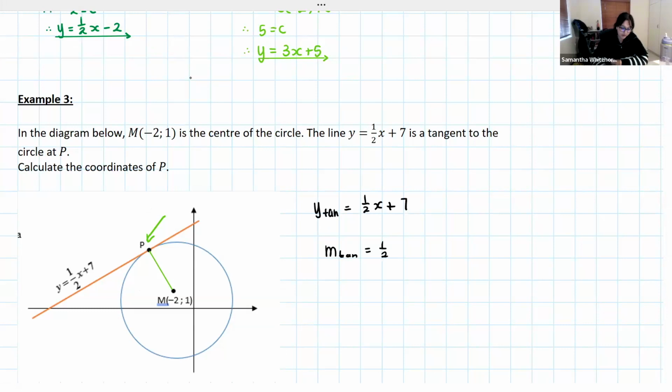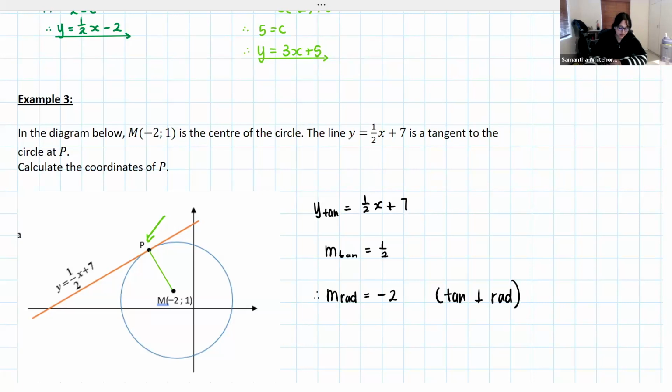Okay, so based on what we've spoken about, what is the gradient of your radius then? You know the gradient of your tangent, what's that of your radius? Nice, guys, well done. Okay, so the gradient of our radius is -2, and you just put your reason tan perp rad there.